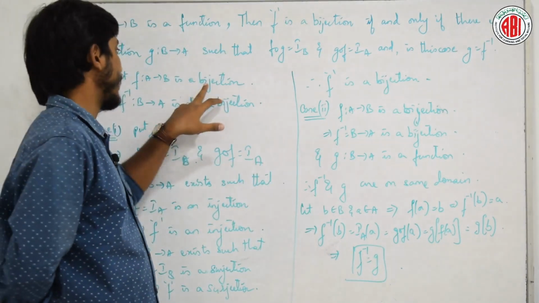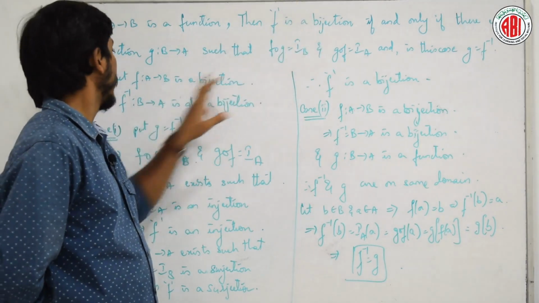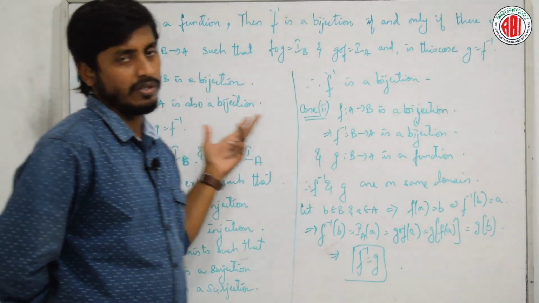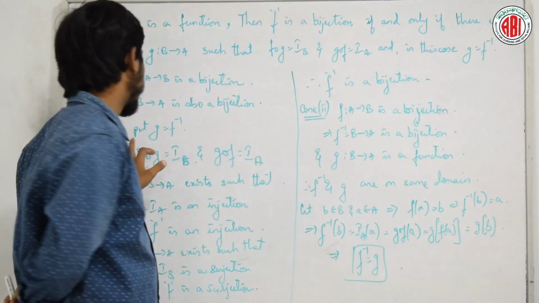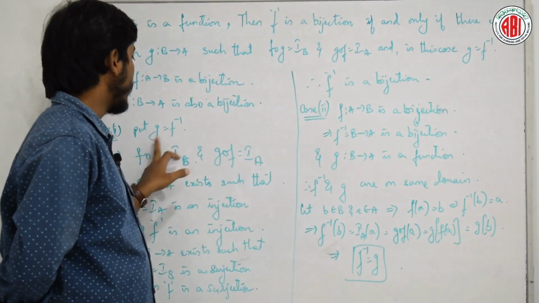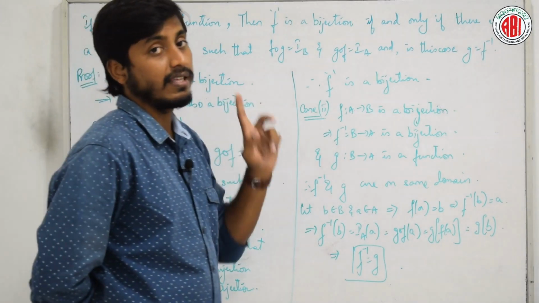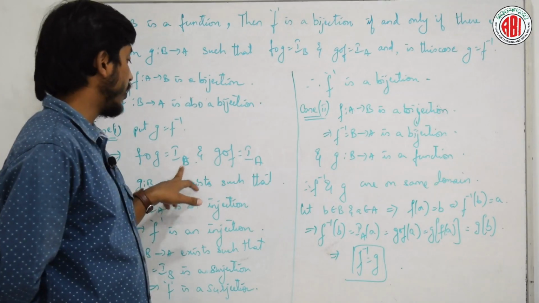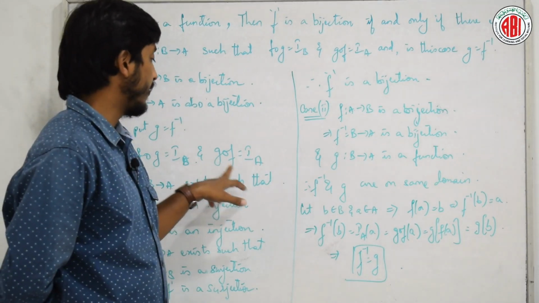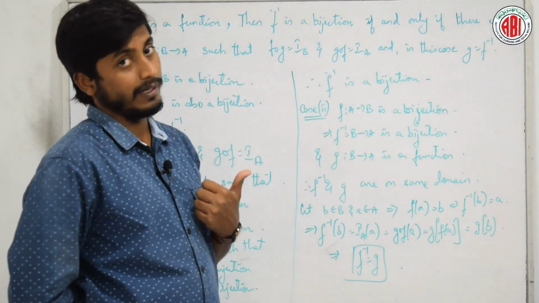He gave that f: A to B is a function. Let us say it is a bijection, since it is given. Therefore, f inverse: B to A is also a bijection. Clear? Fine. Next, let us put g equal to f inverse in the previous theorem, where we had f∘f inverse equal to I_B and f inverse∘f equal to I_A, if you remember that theorem.